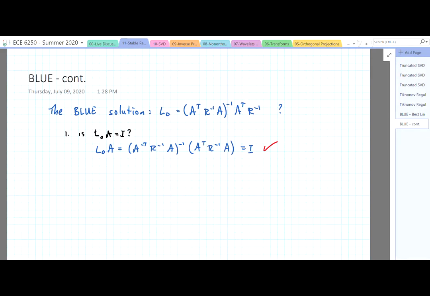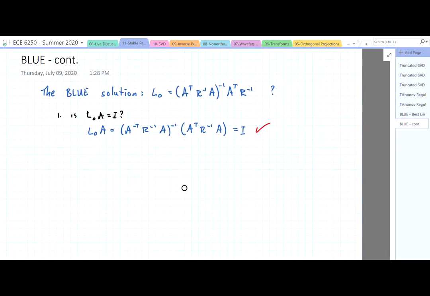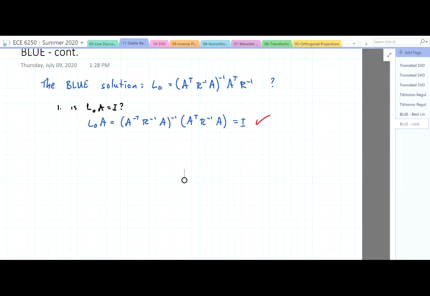The next is to show that any other matrix that satisfies that yields a larger error. So next we show that it's best by showing that for any other L, the trace of L R L transpose, and that was the quantity that we're trying to minimize.